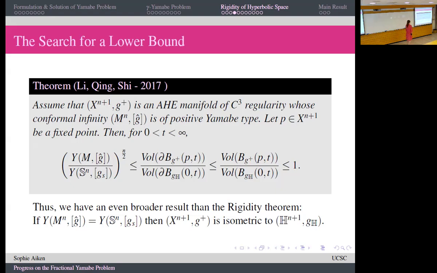And this result actually answers a question even broader than the rigidity theorem, which says that if I only know that my Yamabe constants are equal, so not that the boundaries themselves are conformally equivalent, just that the constants are equal, then I get an isometry between the interiors.